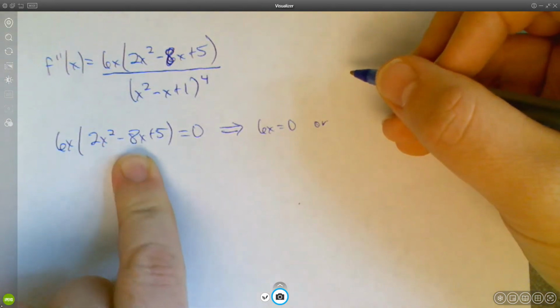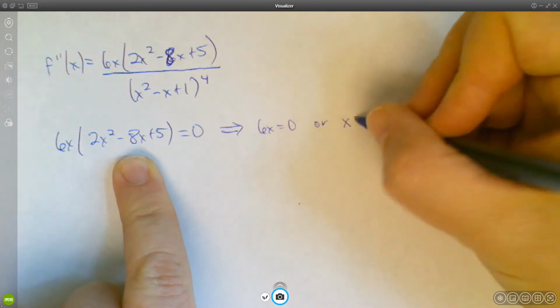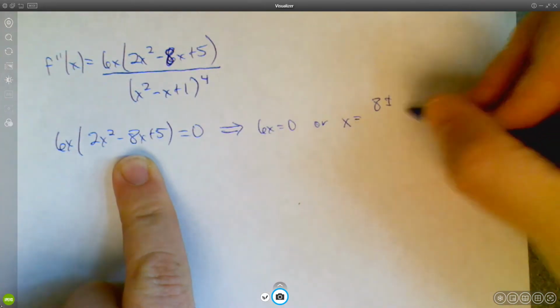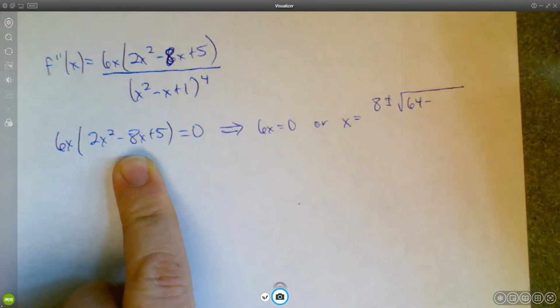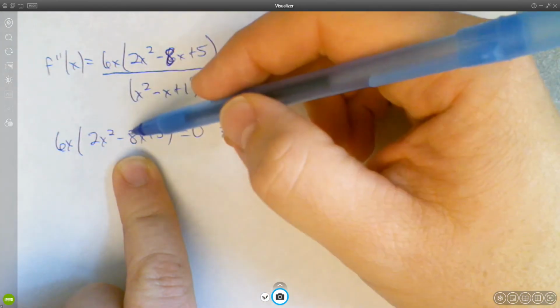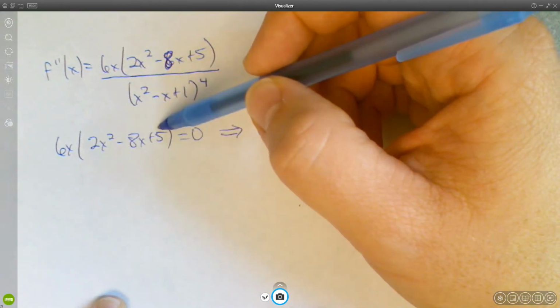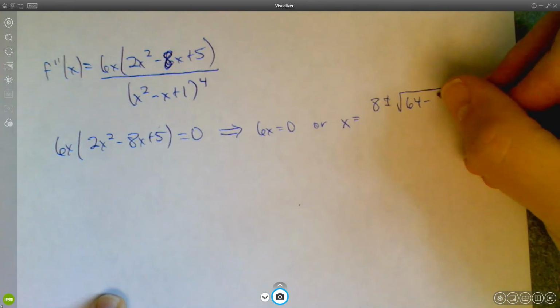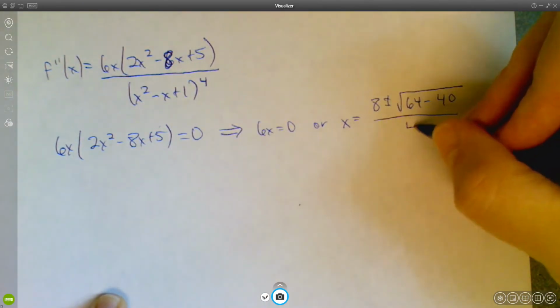So I'm just going to go ahead and jump to quadratic formula since I don't think that thing factors, but I'm going to say x equals negative b plus or minus the square root of b squared minus 4 times a times c. That's 4 times 2 is 8 times 5 is 40. So 64 minus 40 over 2 times a.